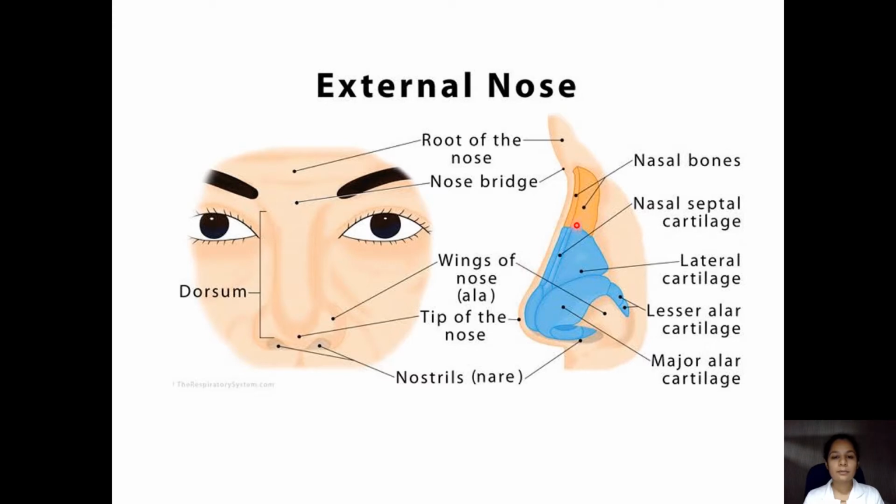Together, they form the pyriform aperture at which these cartilaginous structures are attached. The cartilaginous framework is formed by the nasal septal cartilage, which is in the midline, upper lateral cartilage, lower lateral cartilage, also known as alar cartilage, and there are few accessory cartilage, mainly 2 or 3 in number, also known as accessory or lesser alar cartilage.